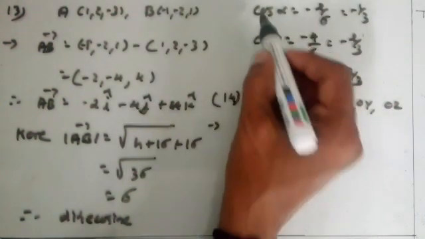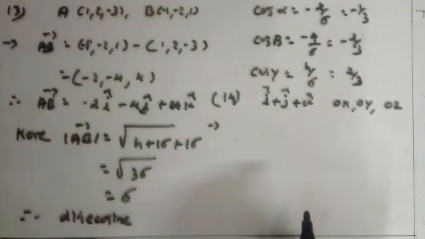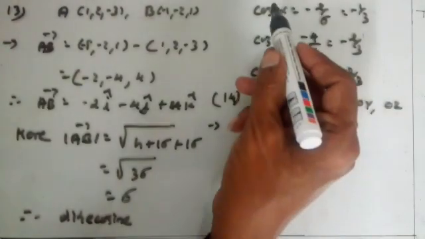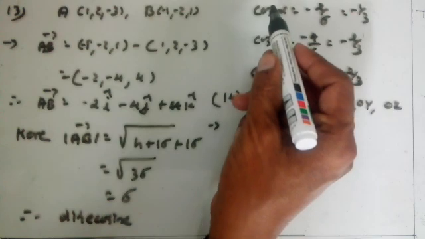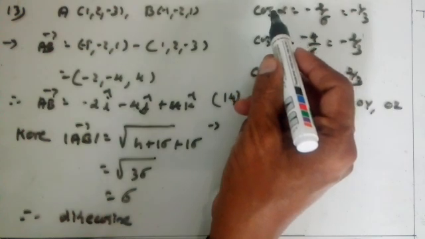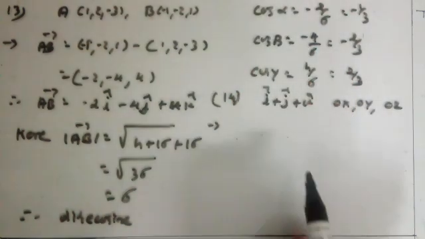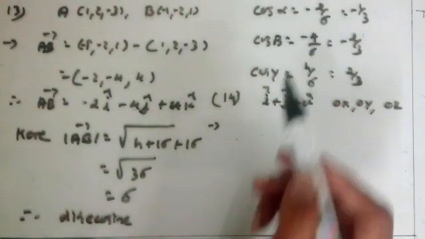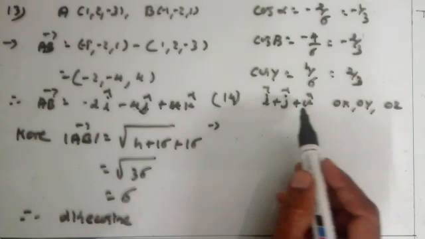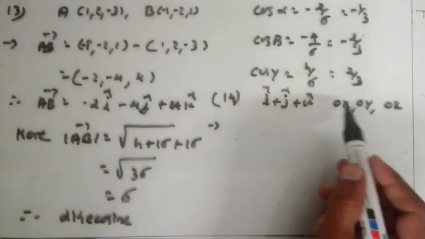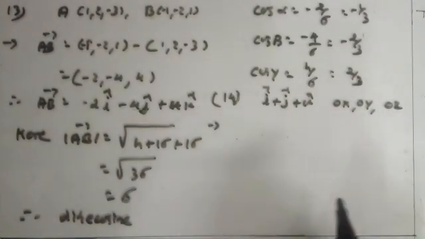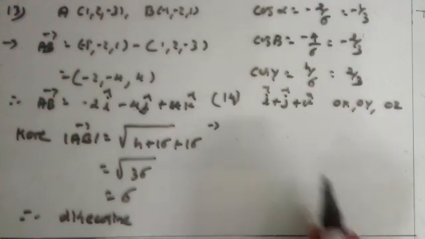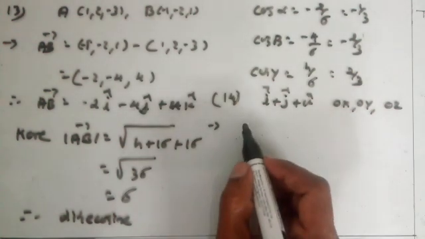That means here we find cos alpha, cos beta, cos gamma. If the values of all direction cosines are equal, then we say that alpha equals beta equals gamma, that is, this vector is inclined at equal angles with ox, oy, oz. Clear?